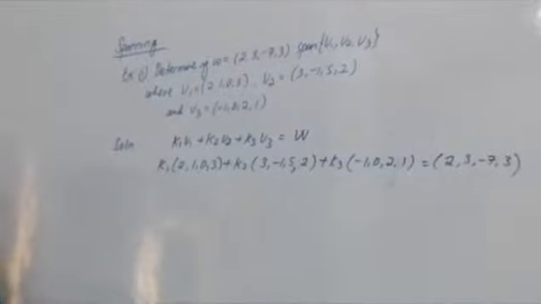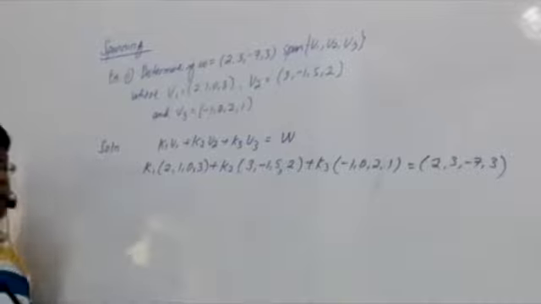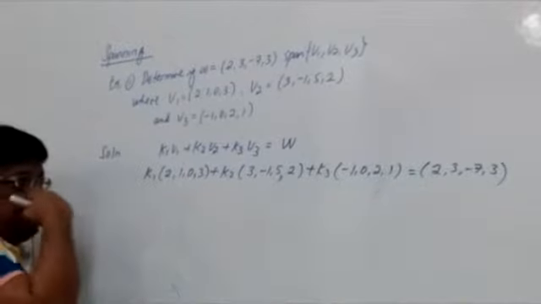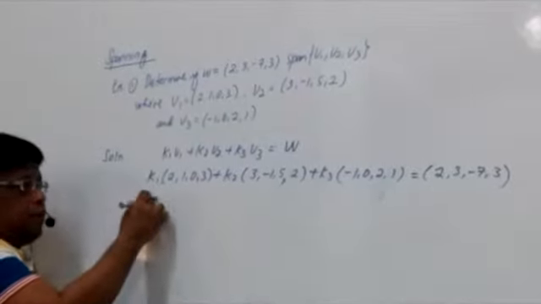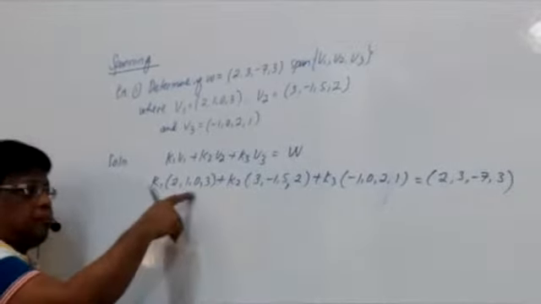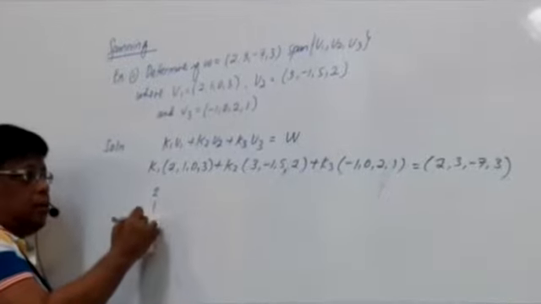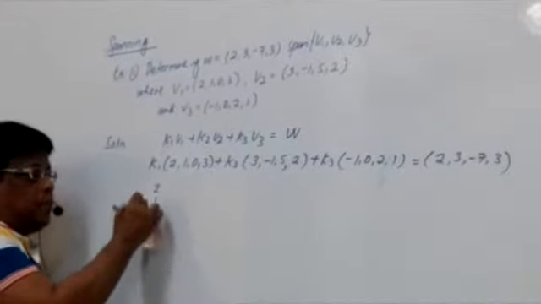Then, after setting up the equation, we go down to setting up the matrix. The first column of the matrix will be the components of your vector 1 as column 1, so 2, 1, 0, 3.